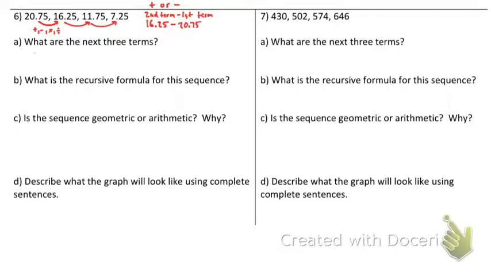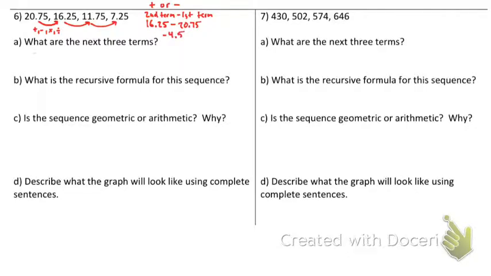Okay, so this is for addition and subtraction. Again, I'm going to use my calculator. Okay, even though I know the answer, I'm going to give you time to get your calculators out. But we're simply going to go 16.25 minus 20.75. Okay, and what we get is negative 4.5.